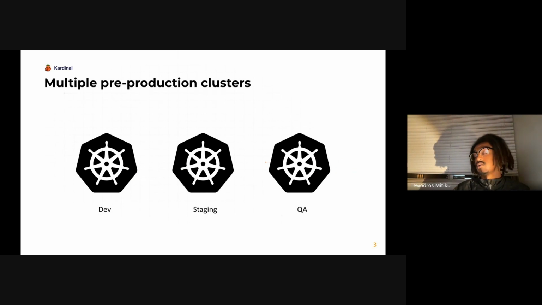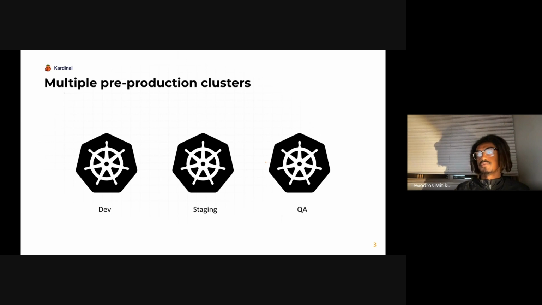They could be shared across many teams, or they could be more ephemeral. Maybe these are provisioned on a pull request, or maybe we've offered some platform for teams to have their own environments, but generally there are just multiple pre-production clusters that we can use to test out changes. And so this is great. We have the ability to test our changes with safety before they go into production in a production-like environment, which is what we want.